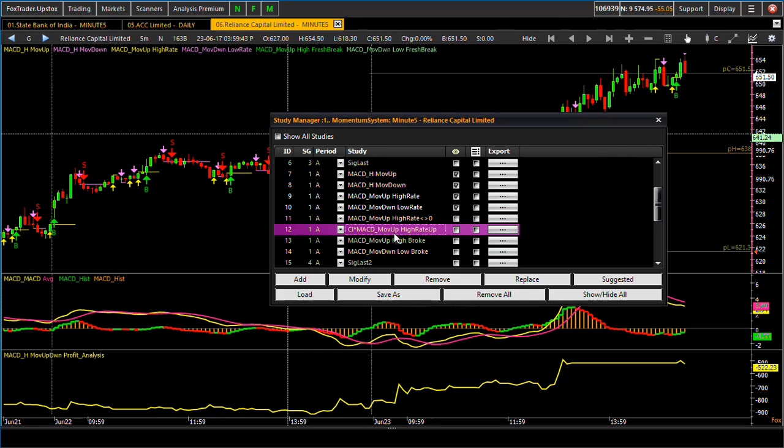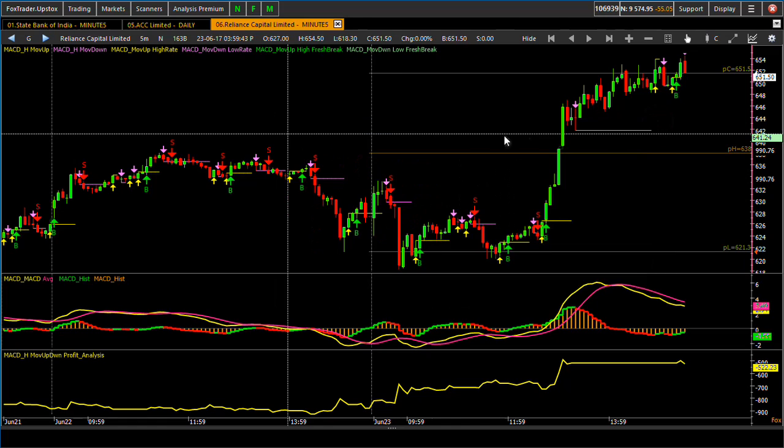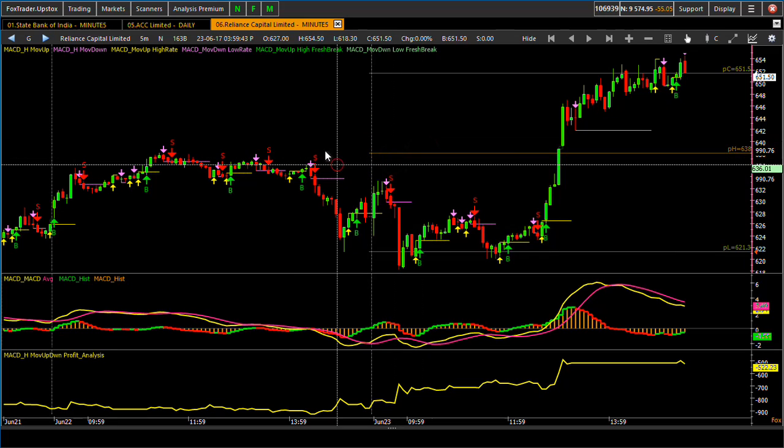Then I've used a condition that consecutive closes should be cutting it up, right? So all those conditions I have done here. We may take another session on how to build different kinds of systems, so that would follow after this later on. Okay, so this is all about the momentum based trading system.